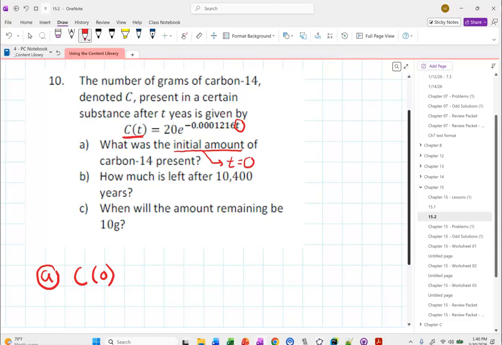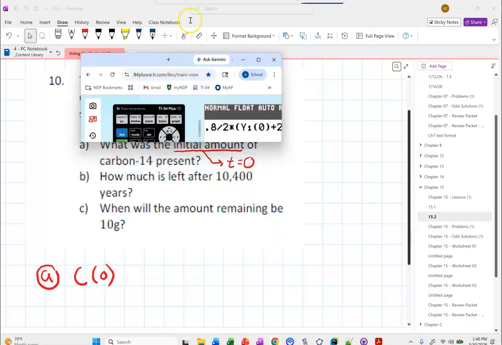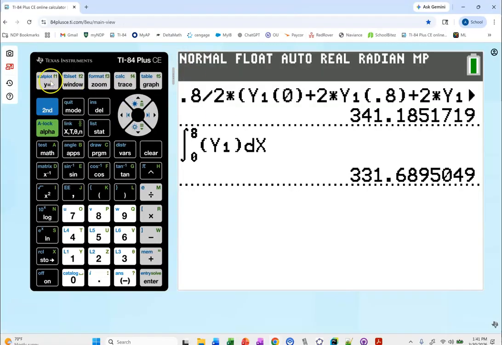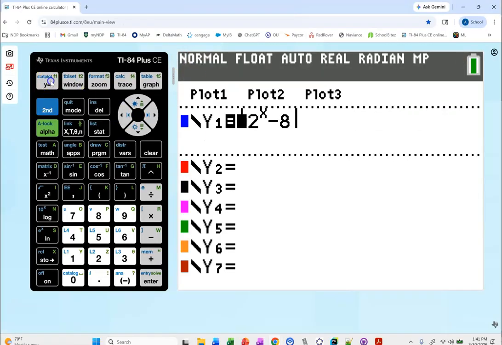Now for this problem, I'm going to use my calculator. There are lots of different ways you can do it, but because there's a series of problems involved in this, I'm going to start by typing the function into the y equals spot.